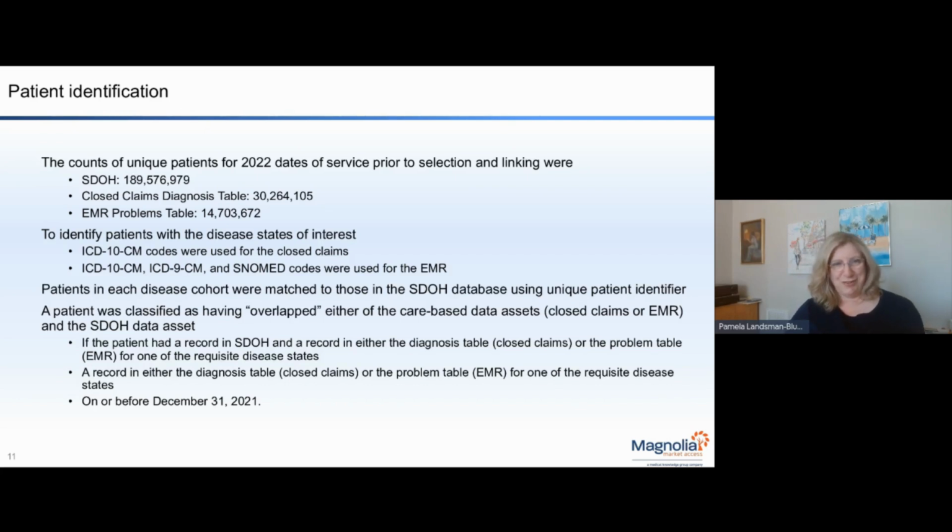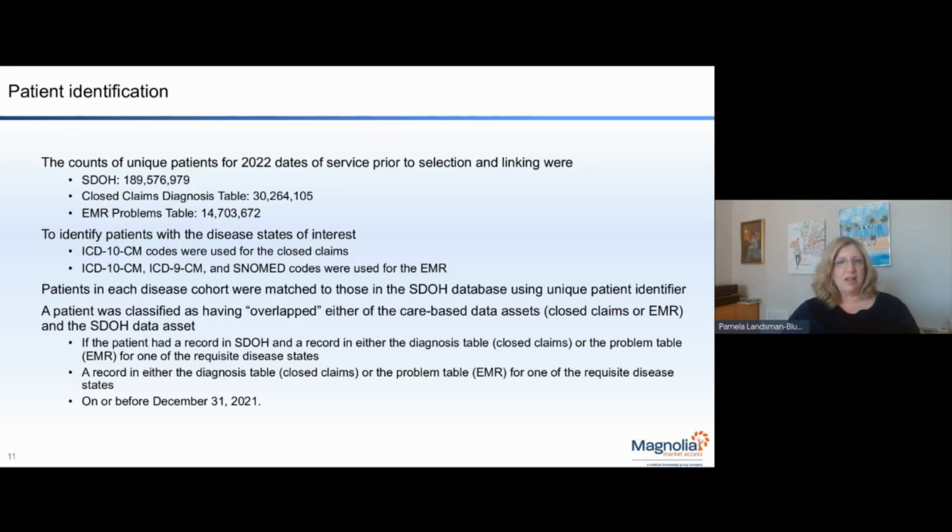Tokenization is a discussion for another day. In the closed claims diagnosis table, we're not using the enrollment table because we're looking at people with specific conditions, diagnosed conditions. So there's 30 million there. And in the problems table of the EMR, which captures diagnoses, there's 14.7 million.